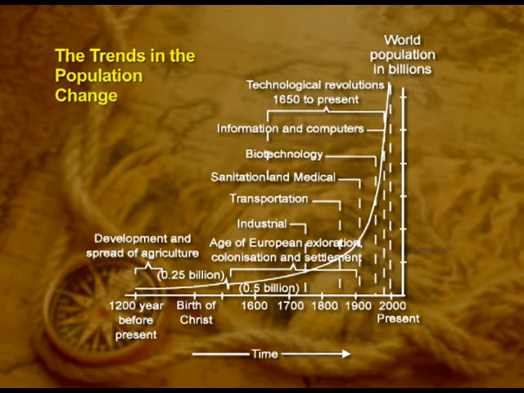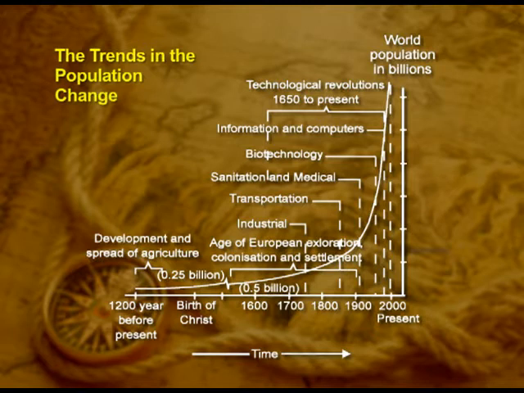Let us look into the period from 1600 to 1800, which is marked by the age of European exploration, colonization, and settlement. This was the time when the voyages were made to the new lands and people dispersed in far-off places.